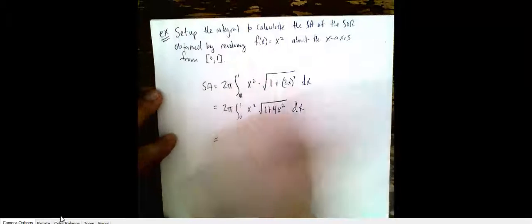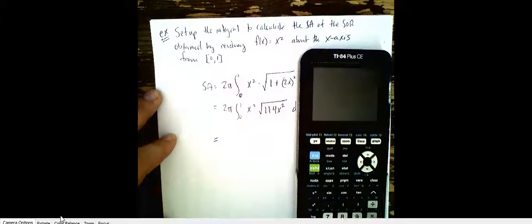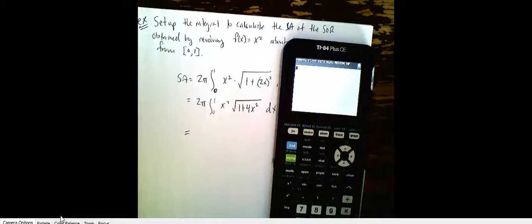So using our calculator, there we go. There's actually a built-in feature for your calculator.